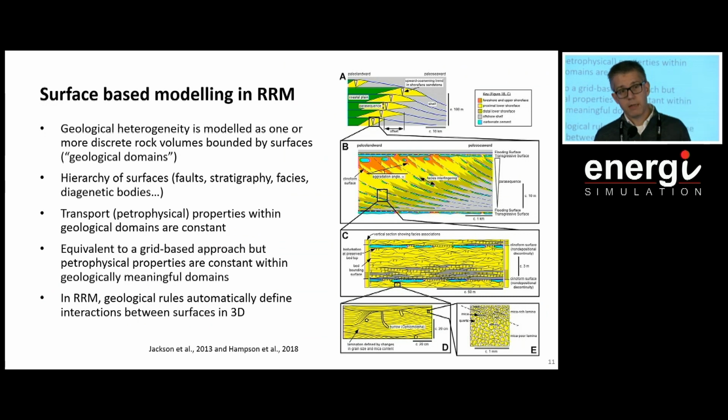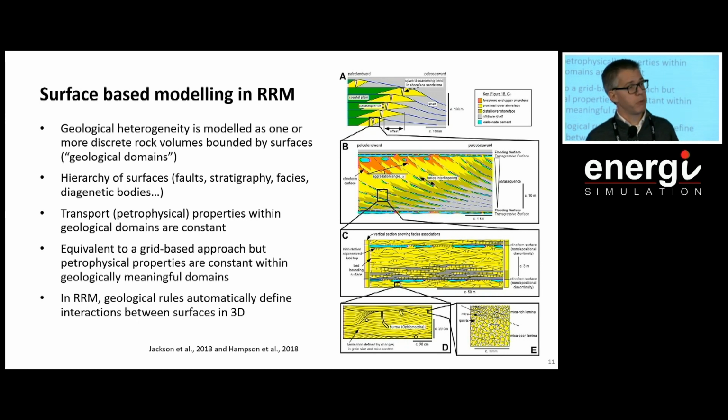So in RRM, we describe geological heterogeneity by a set of hierarchical surfaces. We don't care what scale we're looking at, the basin scale, the outcrop scale, somewhere in between. Geological heterogeneity is modeled as one or more discrete rock volumes that are bounded by surfaces. These are geological domains. The hierarchy of surfaces, faults, stratigraphy, facies, they're genetic bodies across multiple scales.